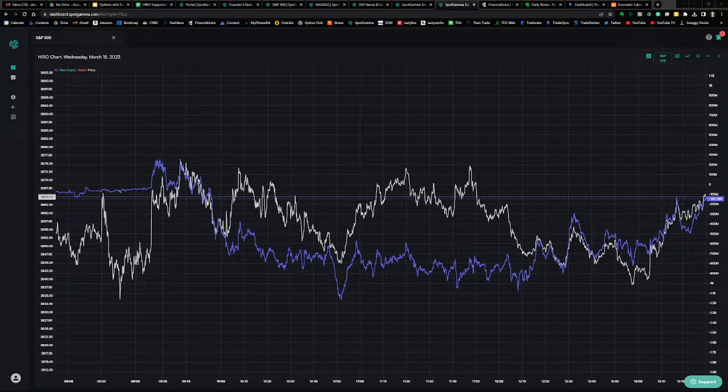So this is showing a bearish setup this morning, and now Hero has leveled off and seems to be setting up a move higher.